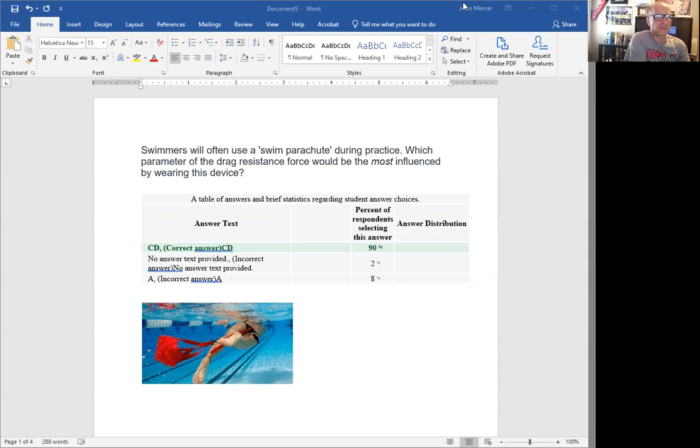The swimmers will often use a swim parachute during practice. Which parameter of the drag resistance force would be most influenced by wearing this device?